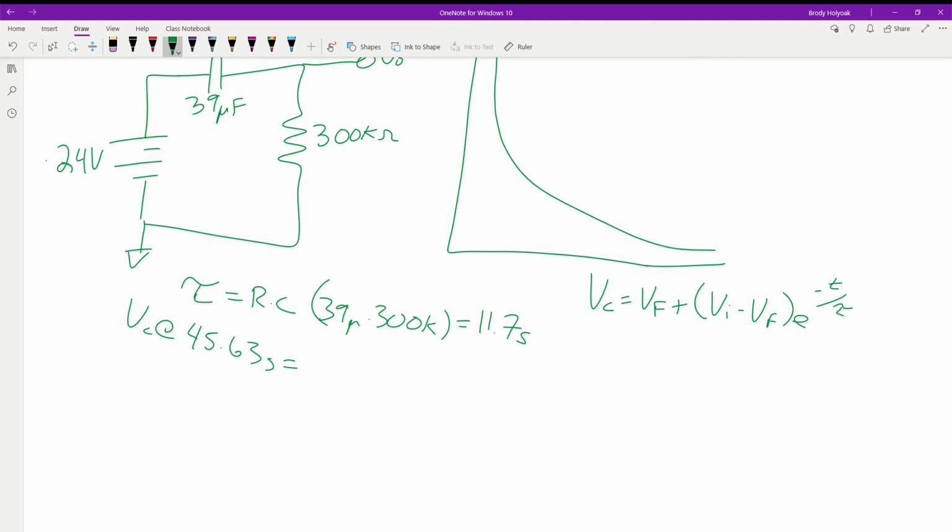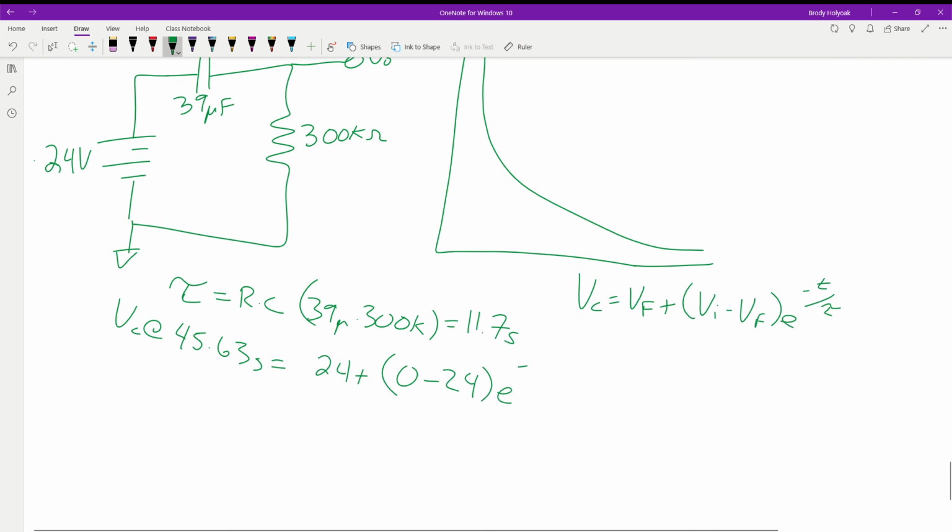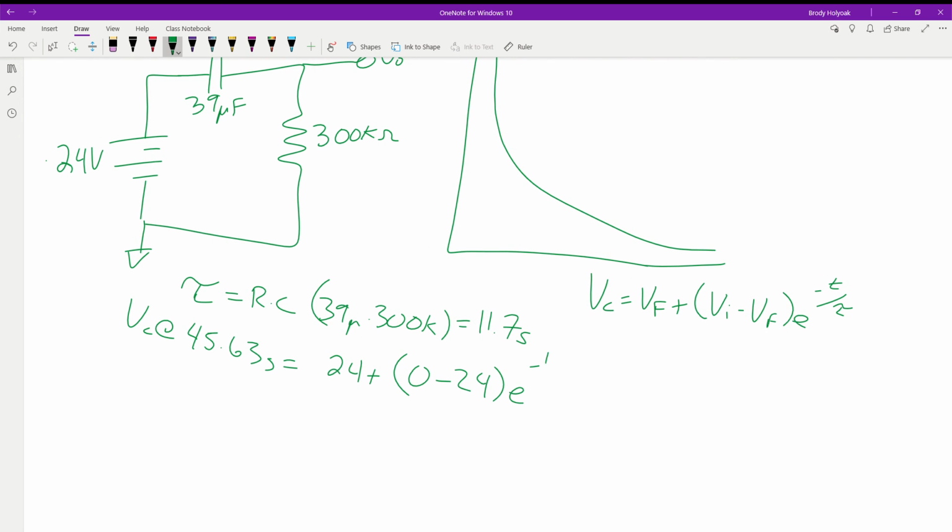So our V final, what voltage are we charging to? 24, because there are no other capacitors in here. So we're going to have 24 plus, what's our initial value? 0, minus 24, times e to the negative time, 45.63, over tau.